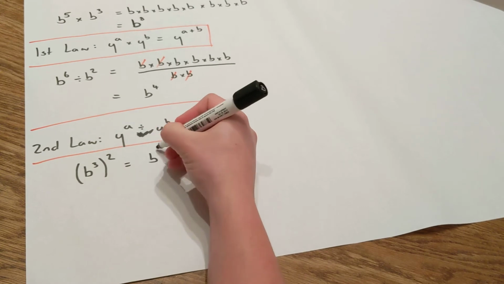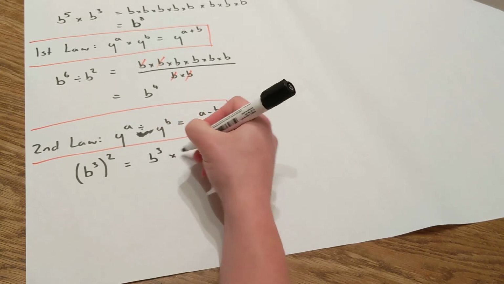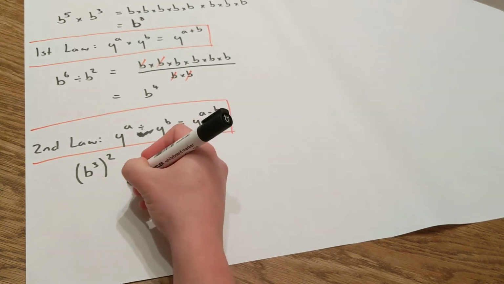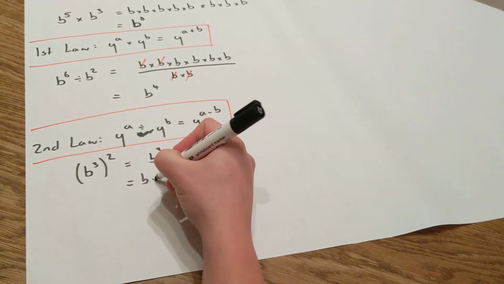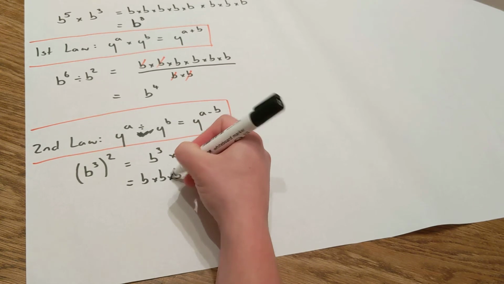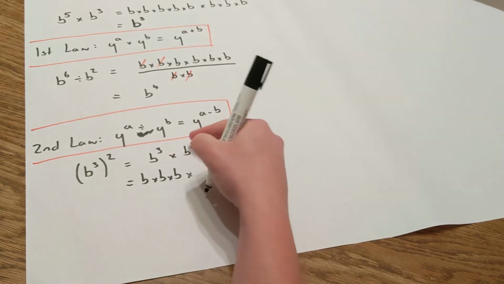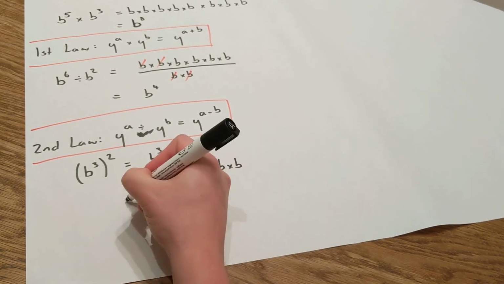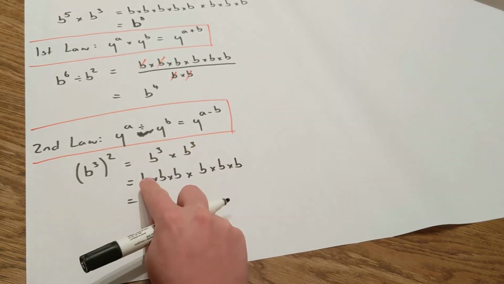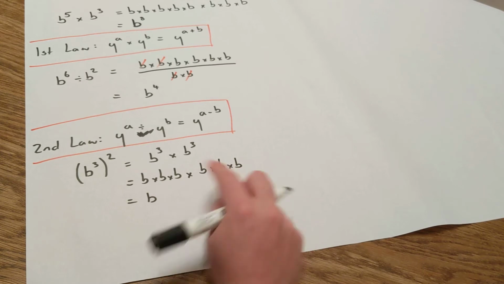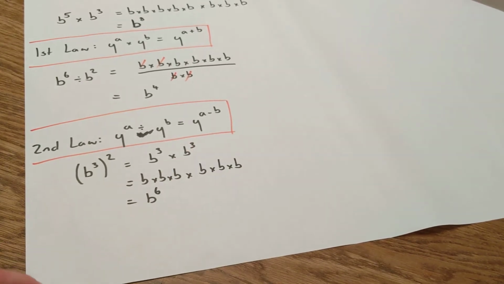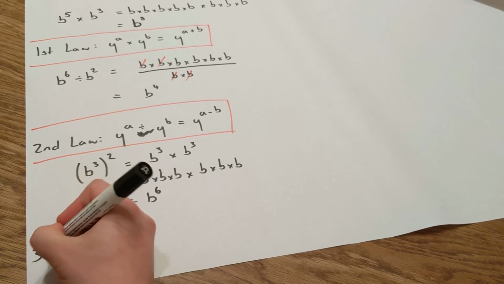So that means b to the power of 3 times b to the power of 3. So that means b times b times b for that one, and we times that by b times b times b. And how many b's do I have now? 1, 2, 3, 4, 5, 6. b to the power of 6. And that's going to give us our third law.